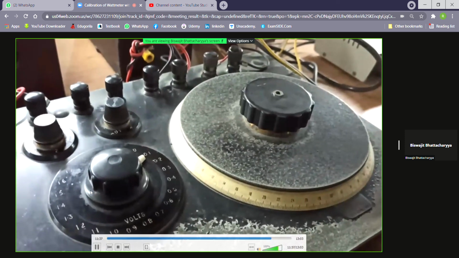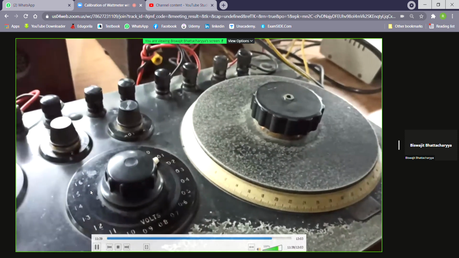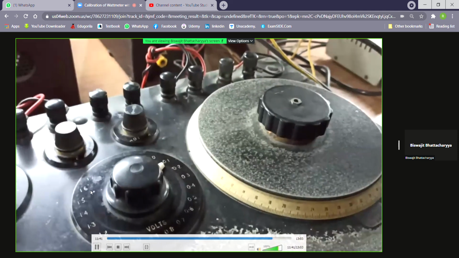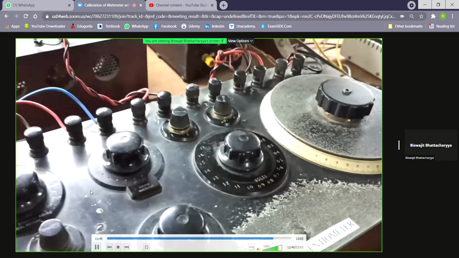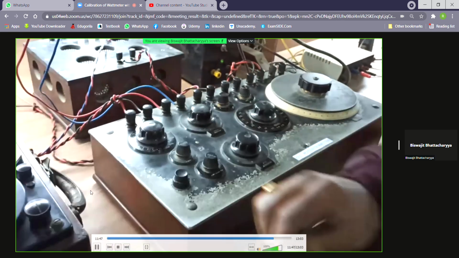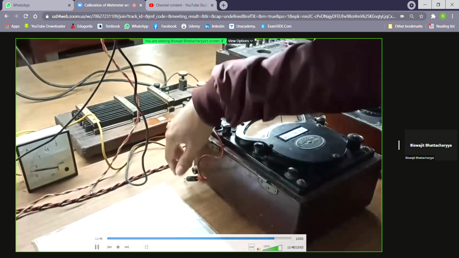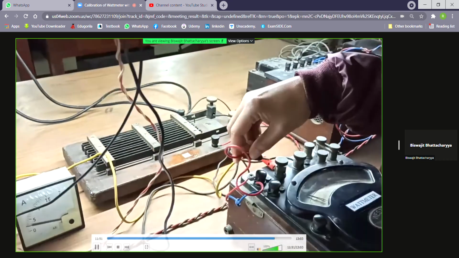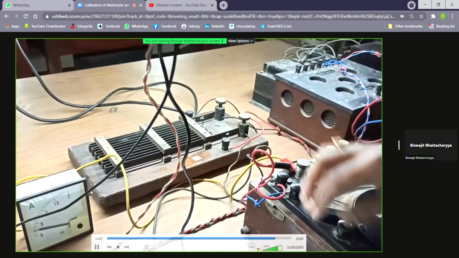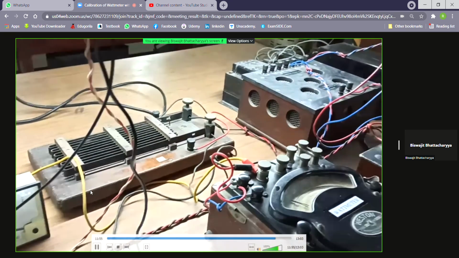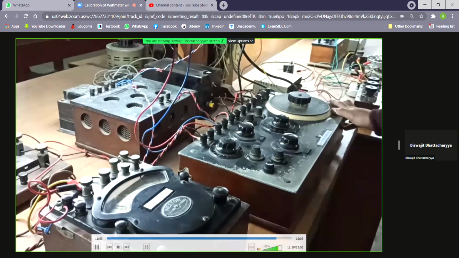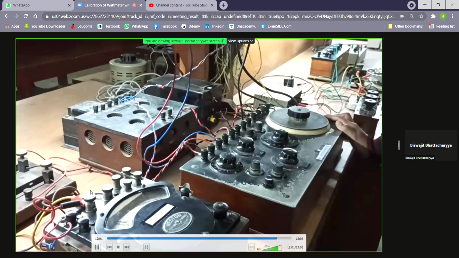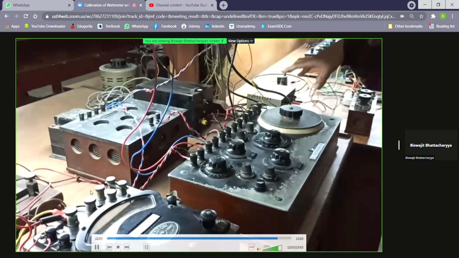We will take the reading for the current coil calibration, and further we will connect the link, connecting the PC coil with the current coil. The same process, and check whether it is in null, balanced condition. The same thing again.